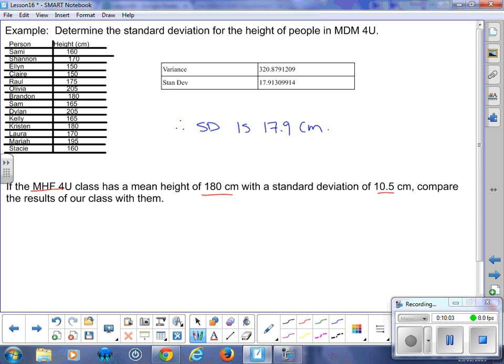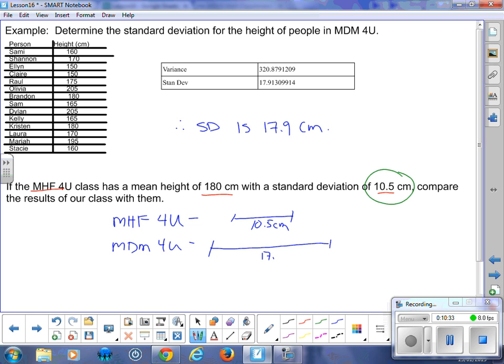So we can see that standard deviation 10.5. That means that the data is clustered tighter to their average. So for the MHF class, we have 10.5 centimeters. So if I put it on a scale here, all their data is within that range. MDM4U, in comparison, our range is right there for the standard deviation.